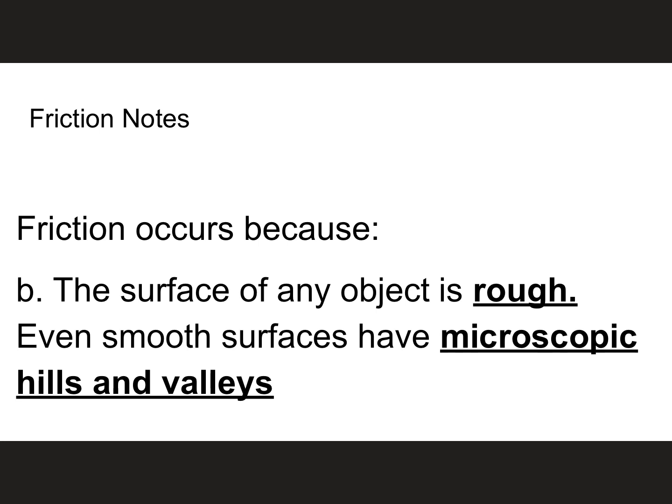Friction occurs because the surface of an object is rough. Even smooth surfaces that appear totally smooth have microscopic hills and valleys, and that creates friction between those surfaces.